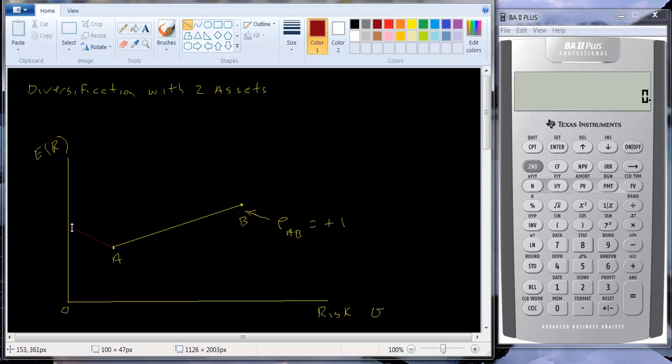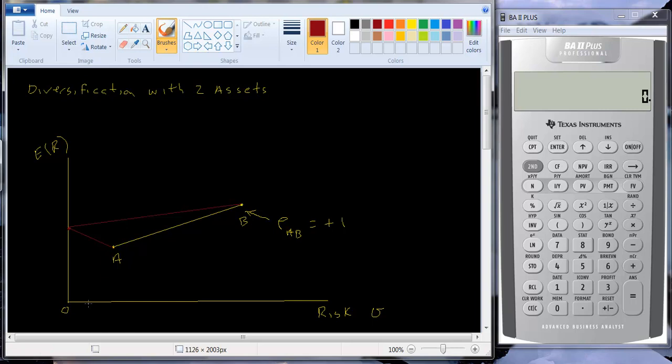I may have to switch to my pen and then back to the line again. Okay, all right. It'll look like this. It'll bend all the way back to the origin so that you can have a zero risk portfolio. So this is a riskless portfolio right here, because you can see that it's on the y-axis.